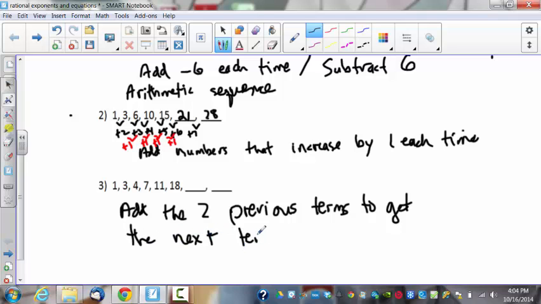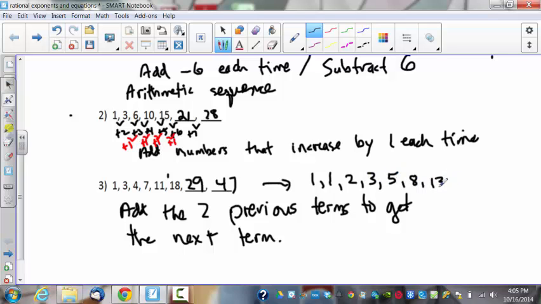So what would that make us? What would be the next term? Well, 11 plus 18 is 29, and 18 plus 29 is 47. Okay, and this is very similar to a Fibonacci sequence, but the first two numbers of a Fibonacci sequence begin with 1 and 1, and then you add the two previous numbers to get the next one.